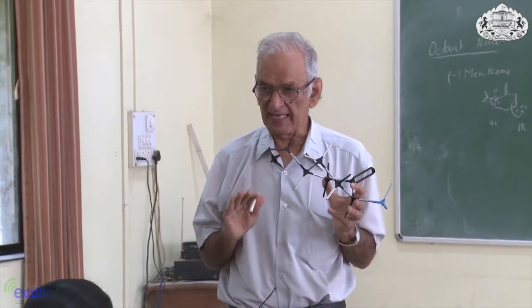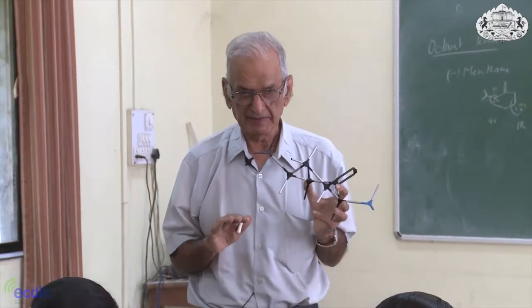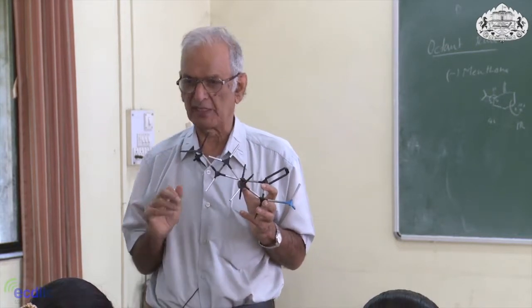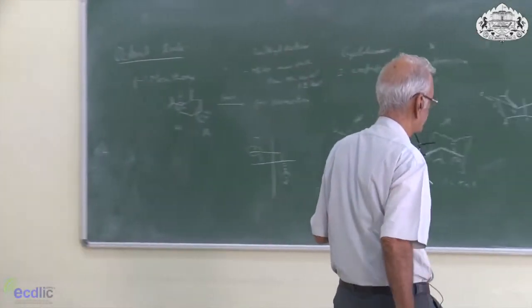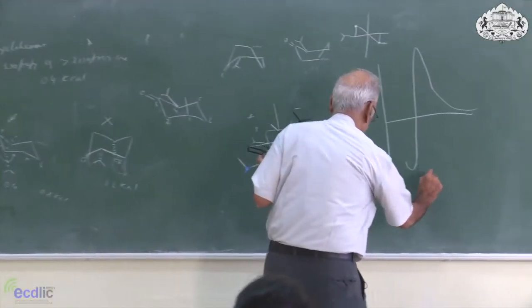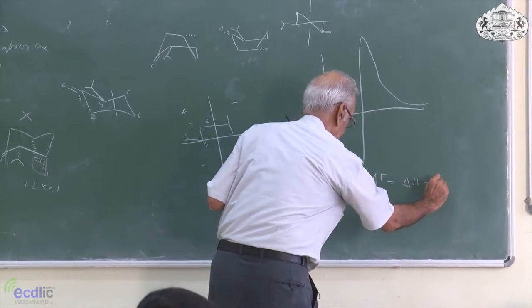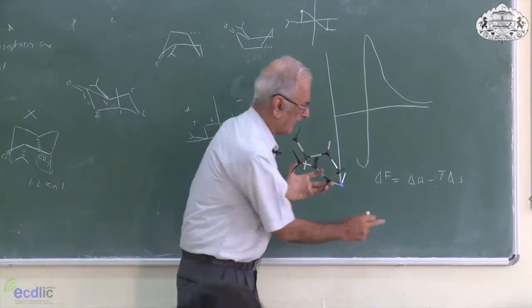Of course, we realize that the boat will not be important at normal temperature because the chair-boat difference is 2.7 kilocalories. What does this tell us?